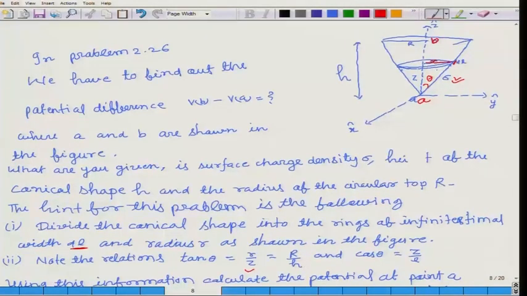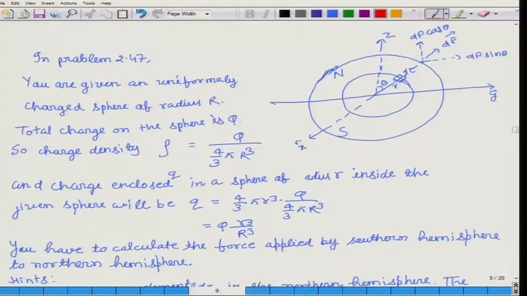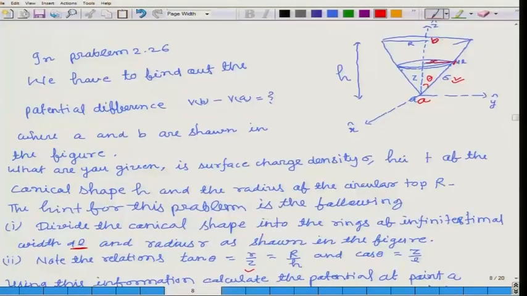So, these quantities depend on each other, that is z depends on L, and so using this information you just add up the potential due to these rings to find out the potential at point B and at point A, then find out the potential difference between A and B. So, that is all.